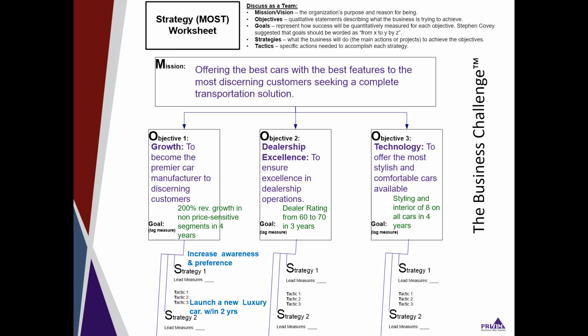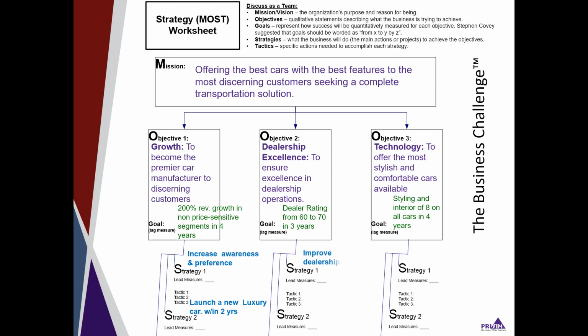Increase awareness and preference. We can measure that and track that. Launch a new luxury car within 2 years. That's a step along the way in a 2-year period to achieve that goal, the lag measure of 200% revenue growth in 4 years. So we're measuring these lead measures along the way as we achieve, hopefully, at the end of the 4 years, this lag measure.